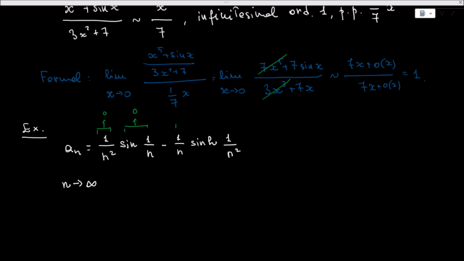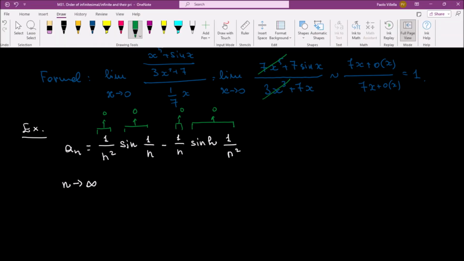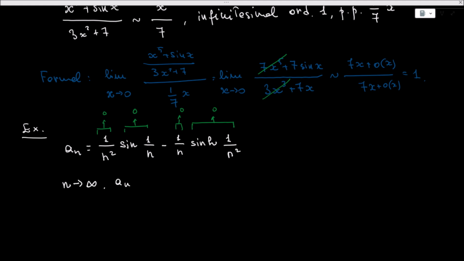And also the hyperbolic sine of 1 over n squared will go to 0. So clearly a_n is an infinitesimal.